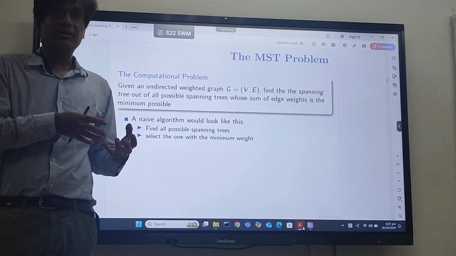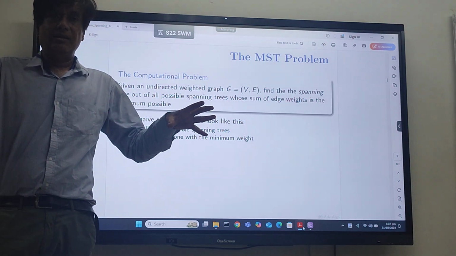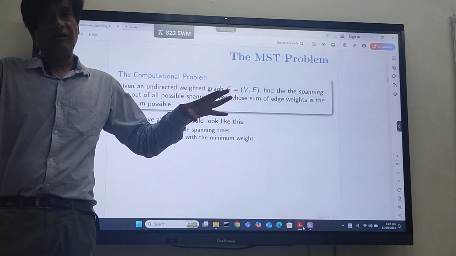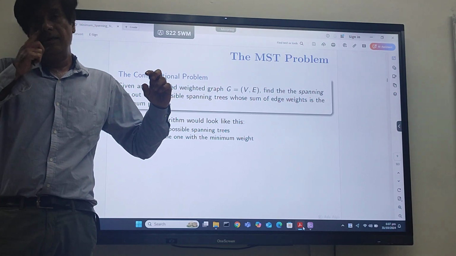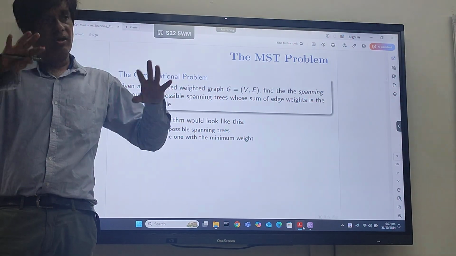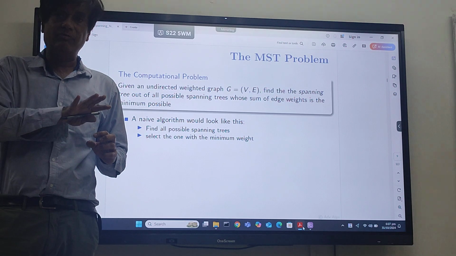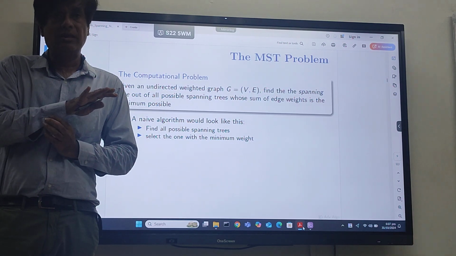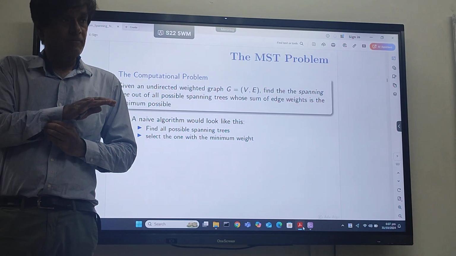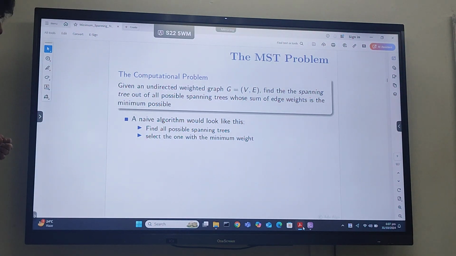A spanning tree is nothing more than a graph that has a single path between any two vertices, and all vertices of the original graph are included. So the original vertices are included, but some of the edges may be removed according to need.